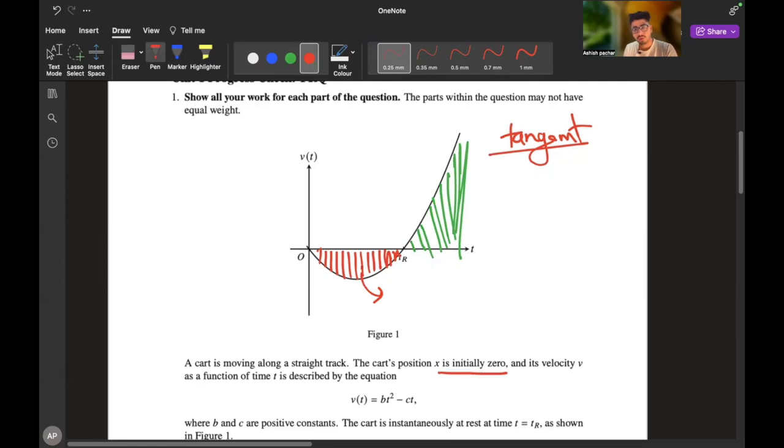So this is the negative displacement, and this is the positive displacement, by the way.